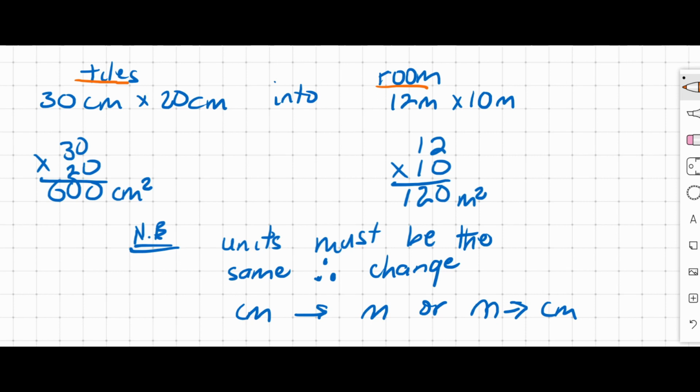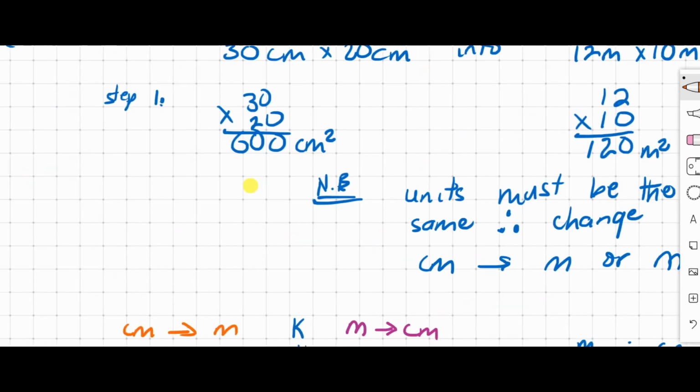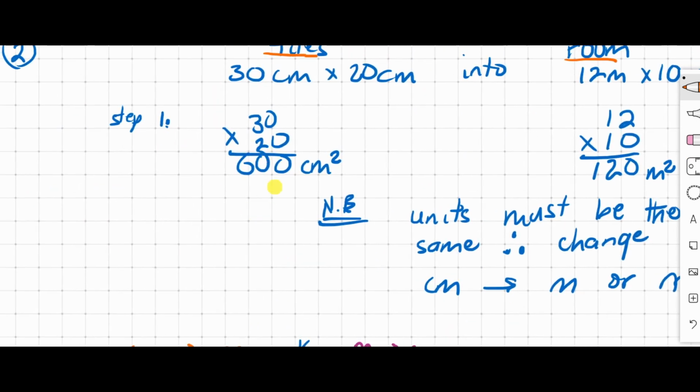So let's, step 1, see what the area of this tile is. We need to find the area of the tile, so it would be 30 times 20. That gives me 600 centimeters squared.